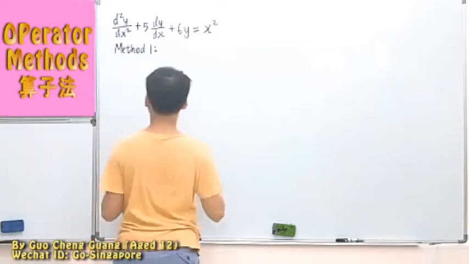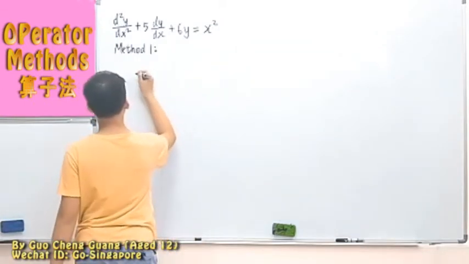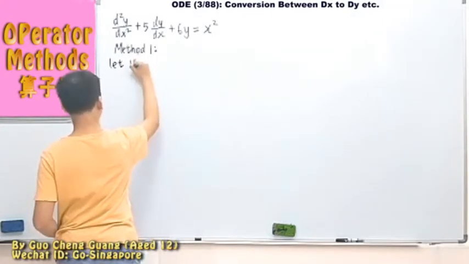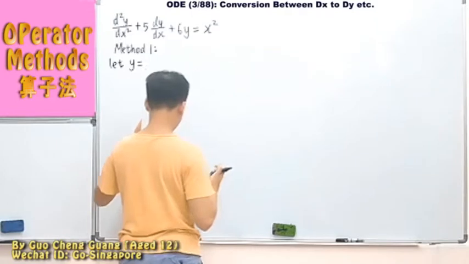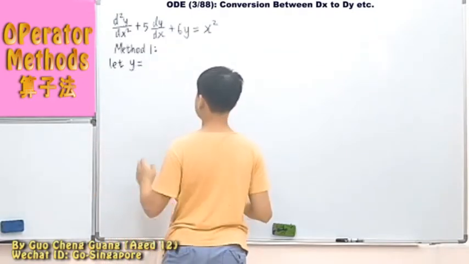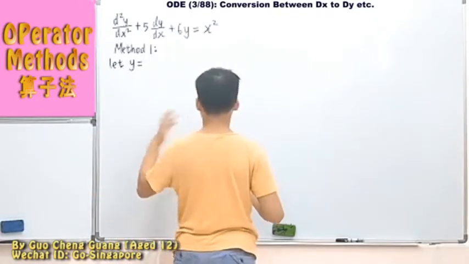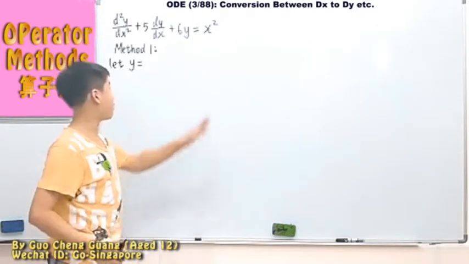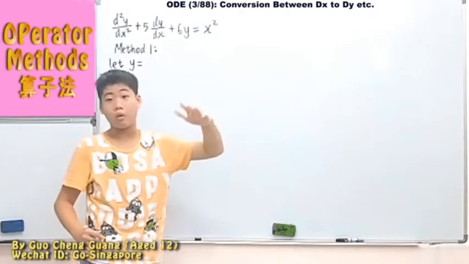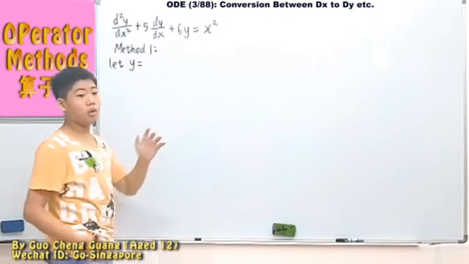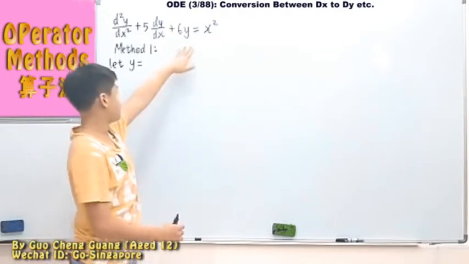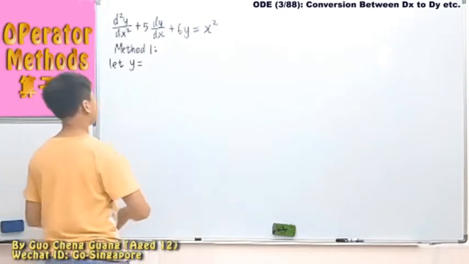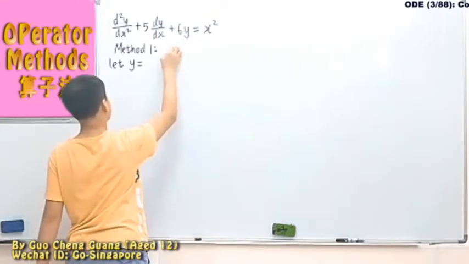By the method of coefficient comparison, we let this y be... We have to think about whether it is x squared or x cubed. The y has the highest power; the first derivative lowers the power by 1, and the second derivative lowers the power by 2. On the right hand side the power is 2, so the highest power here is only 2.